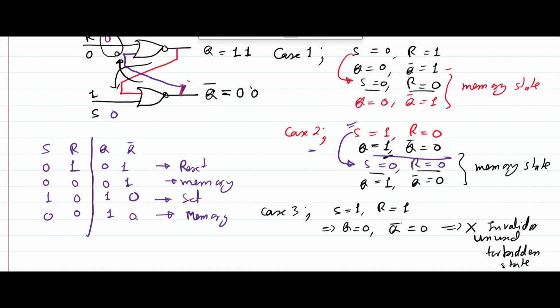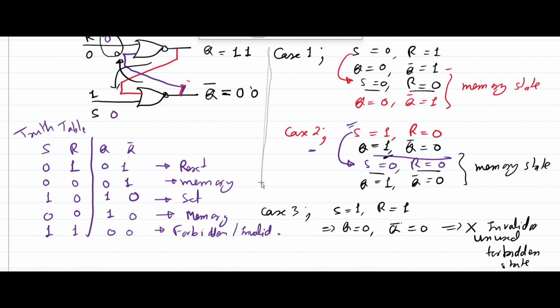Because it is giving the previous output as my next or present output. Okay, and then if I take 1 1, it will give me 0 0, and this is a forbidden or invalid state or unused state. So this is the truth table for the SR latch using NOR gate.